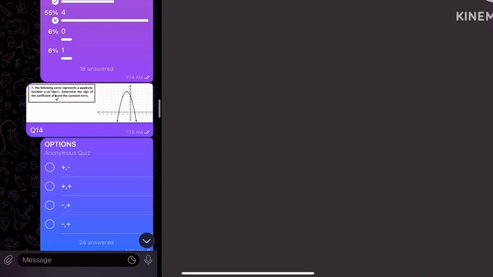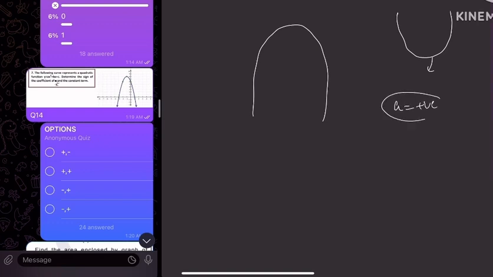The question is question number 7. The following curve represents a quadratic function y equal to ax square plus bx plus c. Determine the sign of the coefficient of x square. Observe the graph. Had it been an upright parabola heading upward, then we know a is positive.